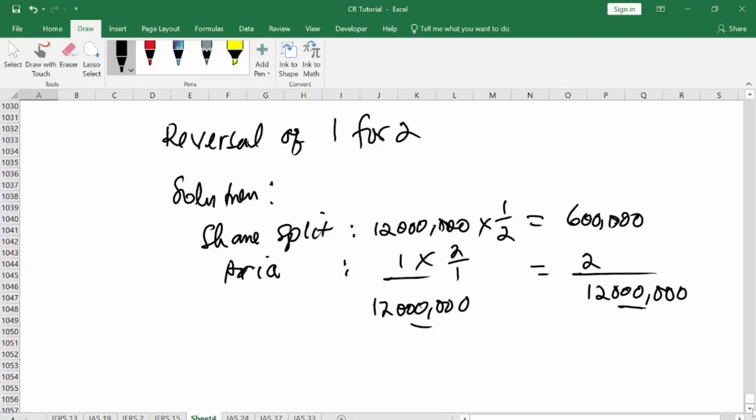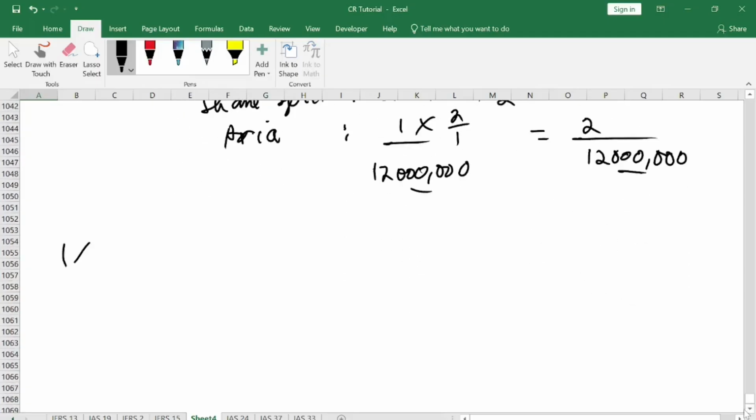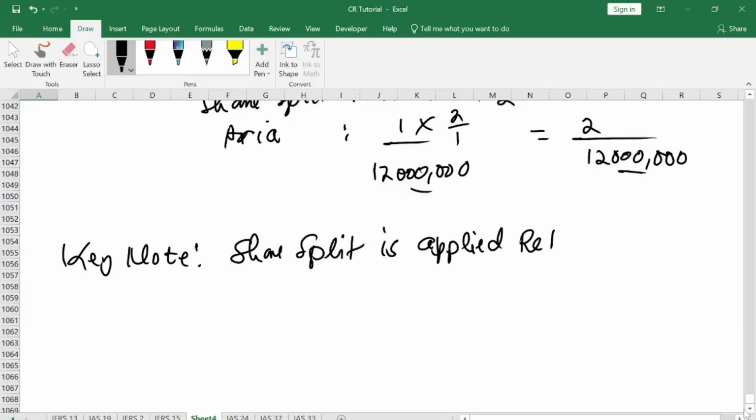Now, note, share split is applied retrospectively. When we say share split is applied retrospectively, what do we mean?